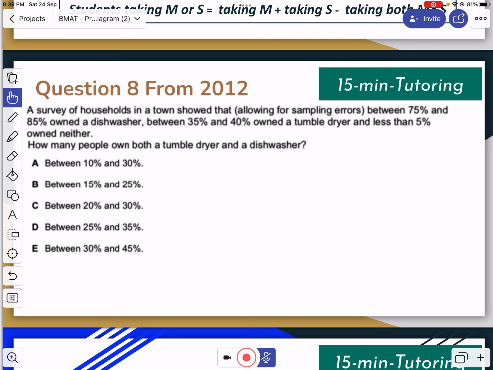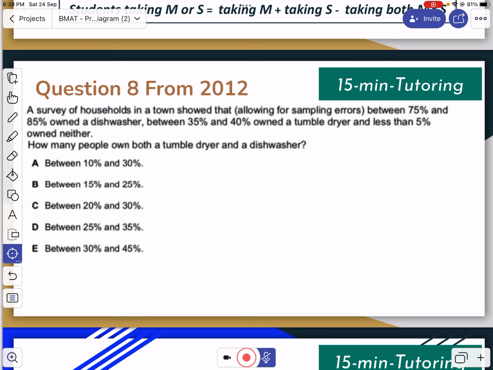So the first question we'll be looking at will be from 2012 exam, question 8. Now, if you want to read the question or attempt to do this question on your own, you can pause the video. And I encourage you to at least read the question. But right now, let's read it together.